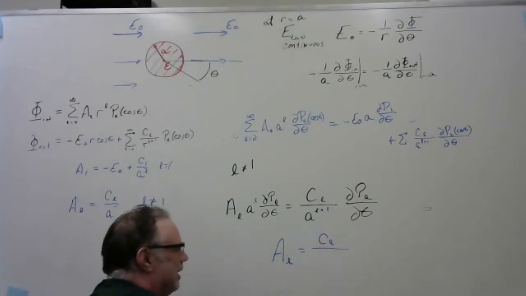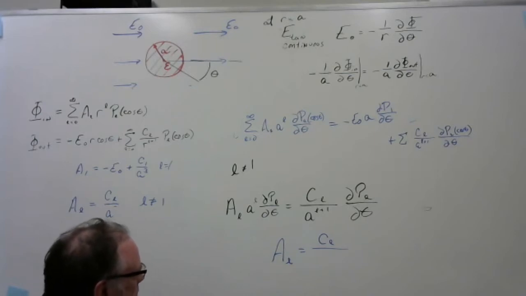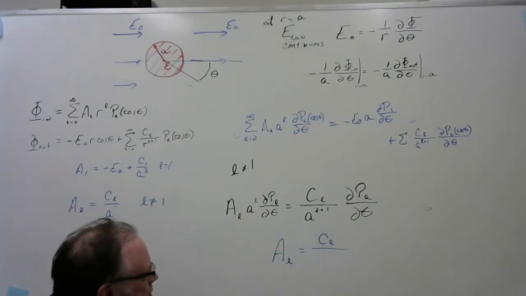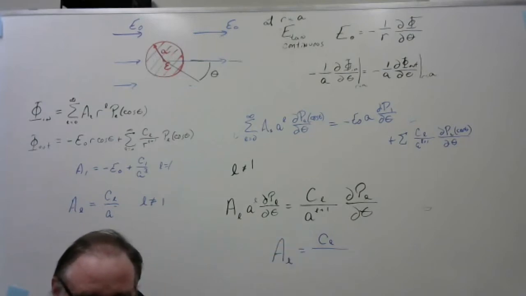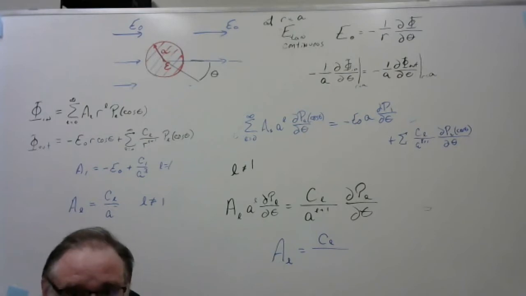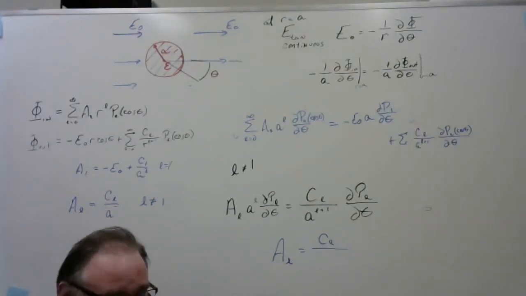So what's this divided by here? Well, I got A to the L, and I have to divide the A to the L over there, so what do I get? Michael, do you know what that is?